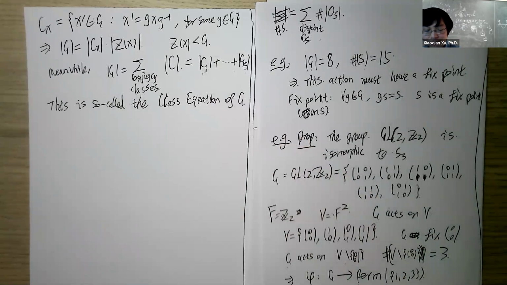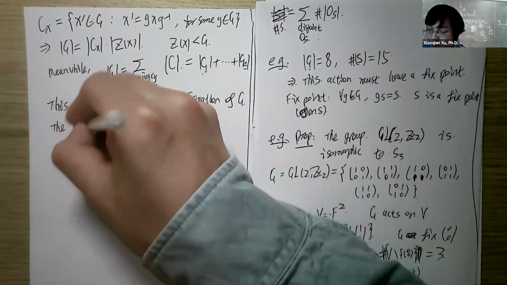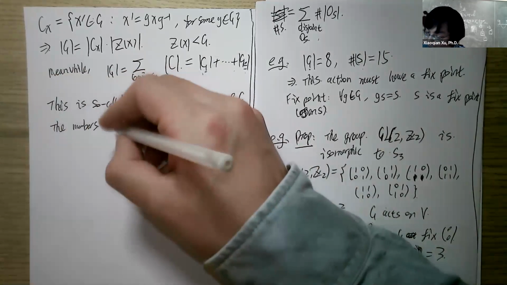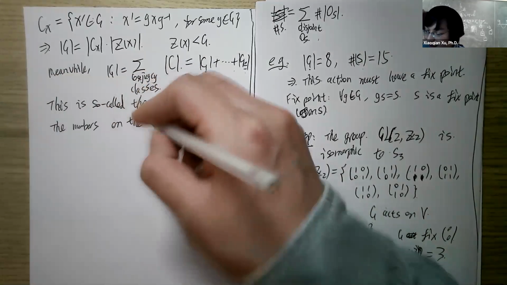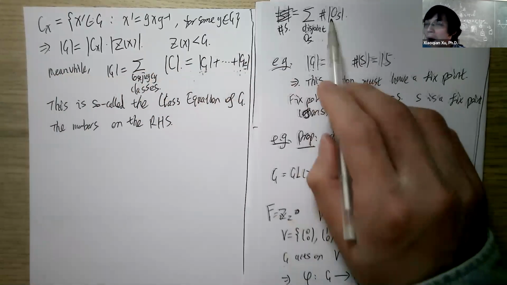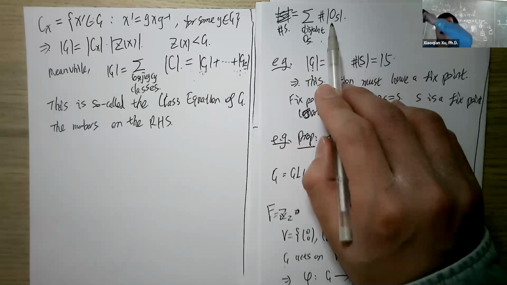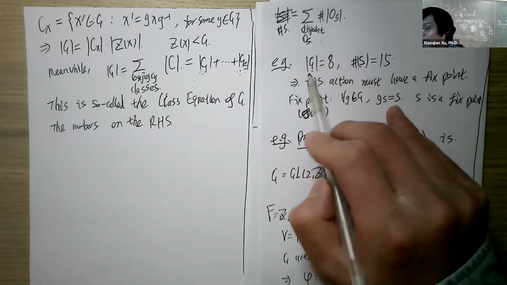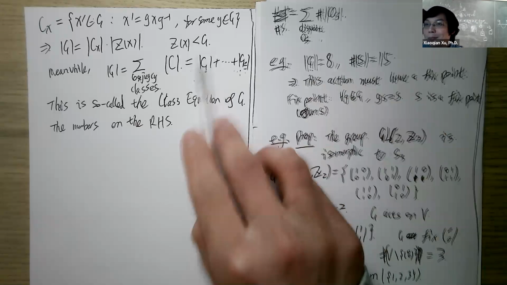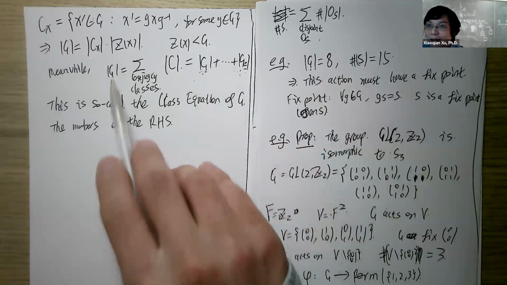Okay? And you know that the numbers, well, it's even better than before. On the right-hand side, the numbers of the orbit sizes are only factors of the order of G. But here, these numbers are actually factors of the left-hand side, right?